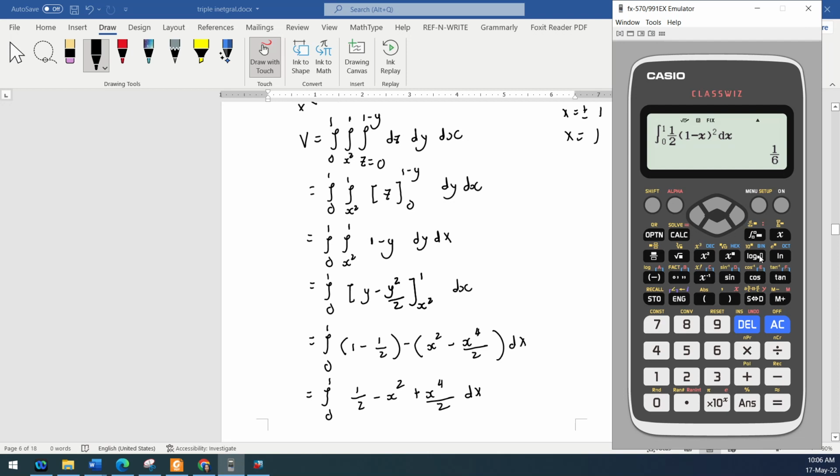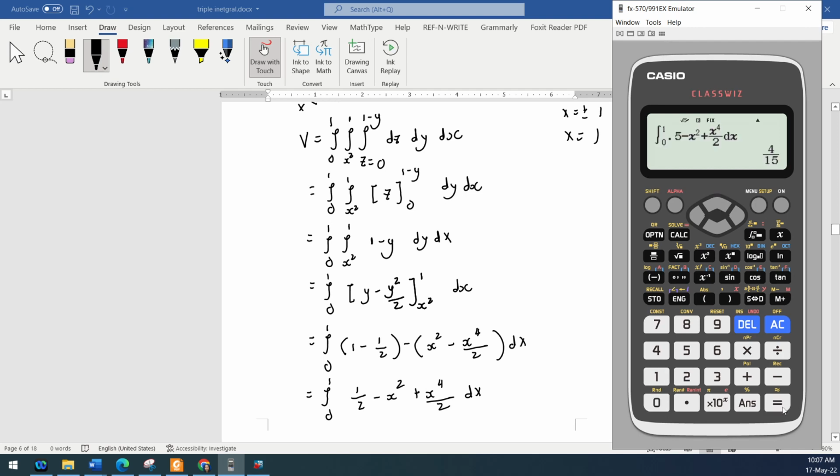So you integrate here 0.5 minus x squared plus x to the power 4 divided by 2, limit from 0 to 1.